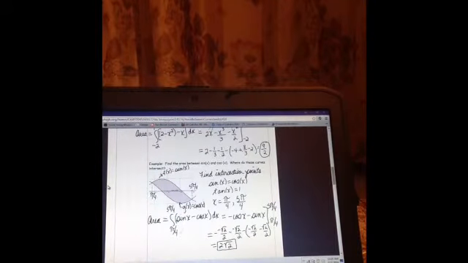And you could do it in your calculator also. So you see that the sine curve is on top, cosine curve is on the bottom. And so you go from pi over 4 to 5 pi over 4 of sine x minus cosine x. Integrate using your formulas, and you'll get 2 square root of 2 as your answer.